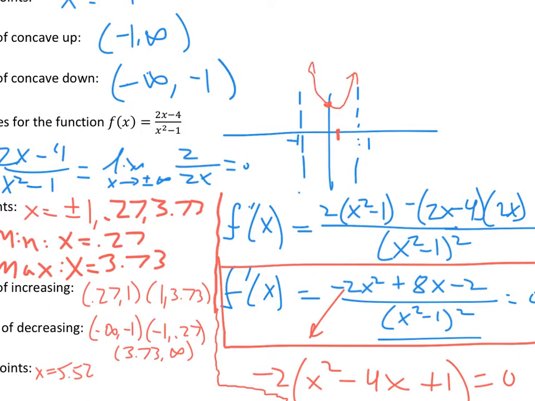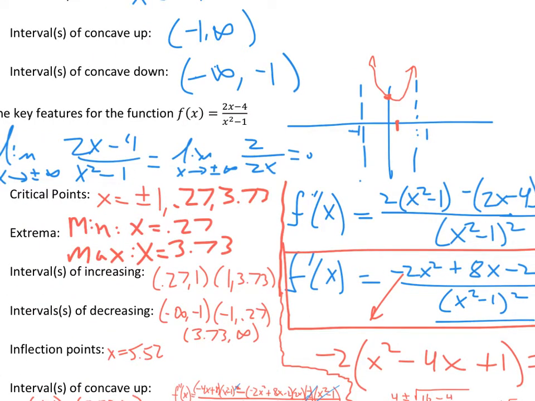And then we know, what else do we know here? We have a maximum at 3.73. We got an inflection point, okay? And we are increasing from 1 to 3.73. So we've got a maximum somewhere over here at 3.73. We're increasing. Okay, and then we're going to come around here.